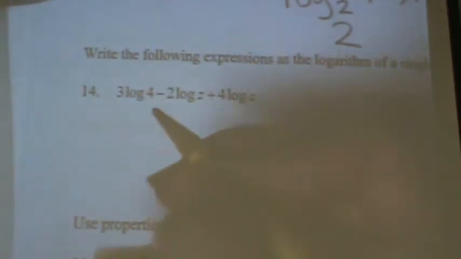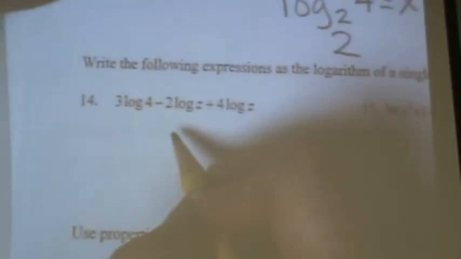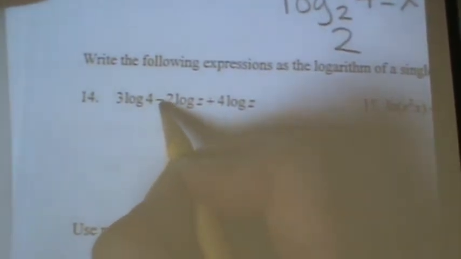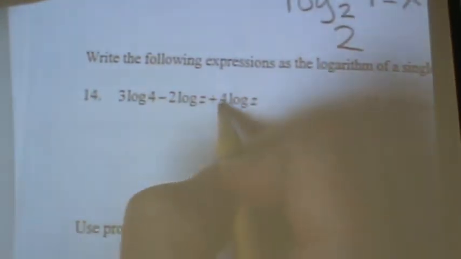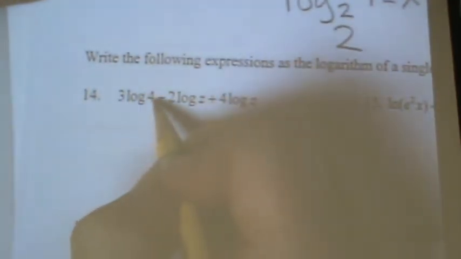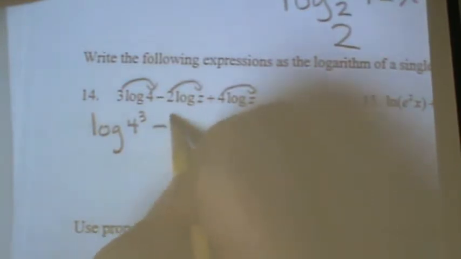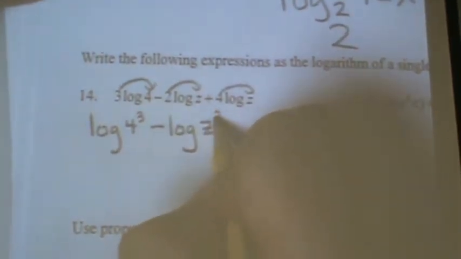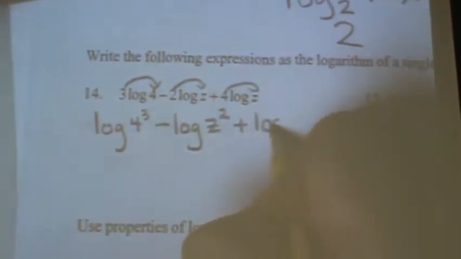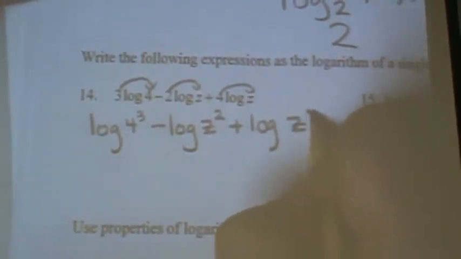Okay. How about this one? Now, see how there's a minus sign here and a plus sign here? And there's a 3 here, there's a 2 here, and there's a 4 here. This 3 goes with this 4. So this is really the log of 4 to the 3rd power minus the log of z squared plus the log of z to the 4th, right?